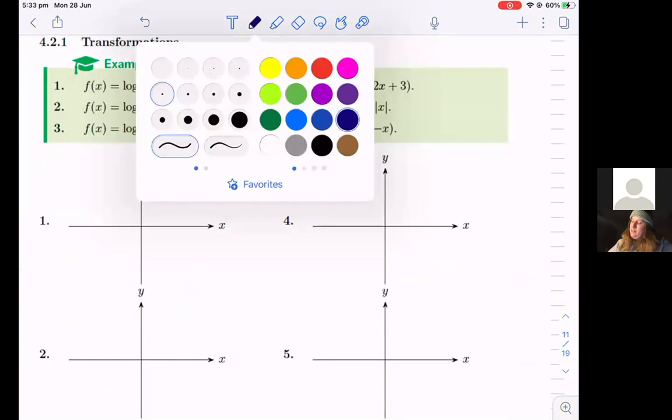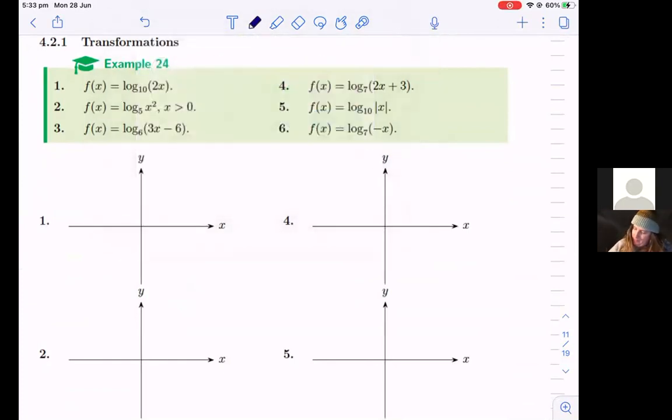This time we're sketching a whole bunch of logs. Don't forget, log just tends to look like that. And then chuck in y equals 0 to find your x-intercept. 0 equals log base 10 of 2x.